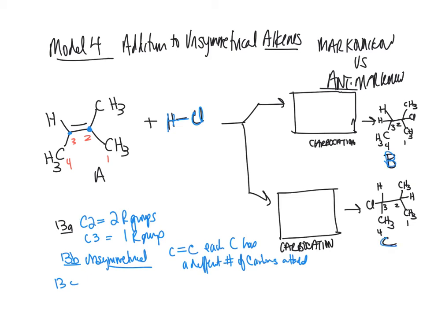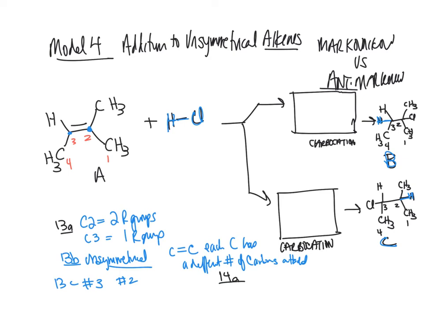For product B, which carbon did the hydrogen from HCl add to? So it added to number 3, right? For product C, which carbon did it add to? Circle carbon number 2.